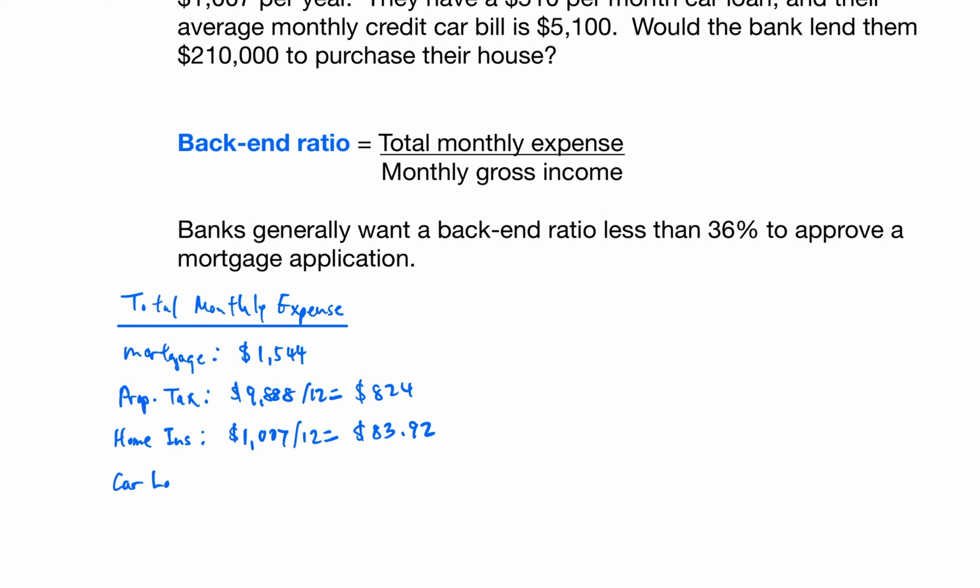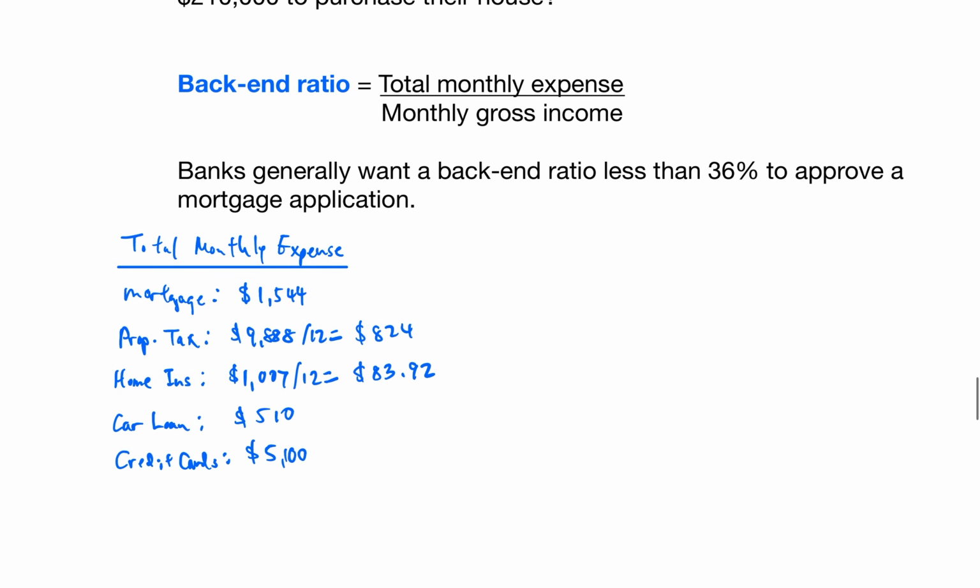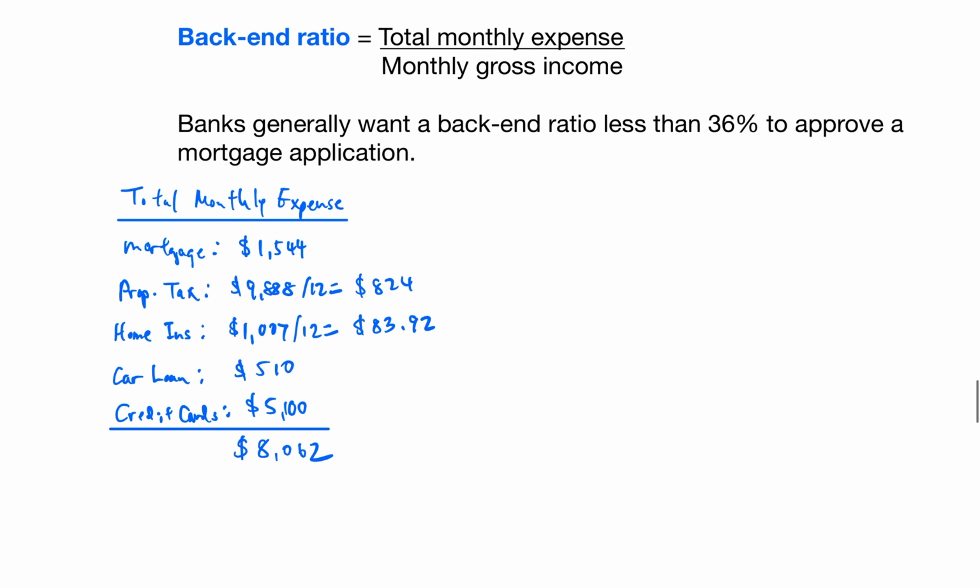Okay, car loan is $510 per month, and then credit cards. They're paying on average $5,100 per month. So that gives us a grand total of $8,062. Okay, we're rounding it to the nearest whole dollar.